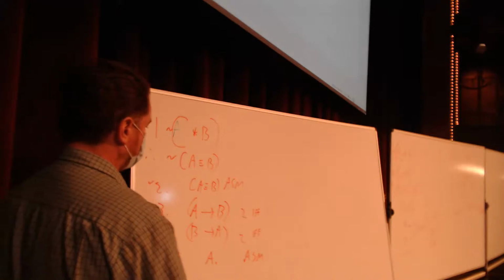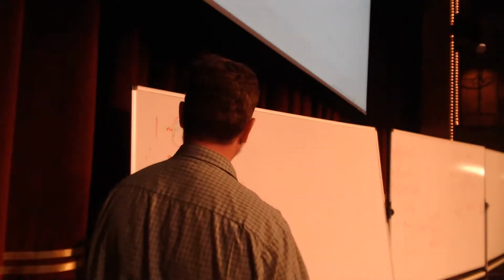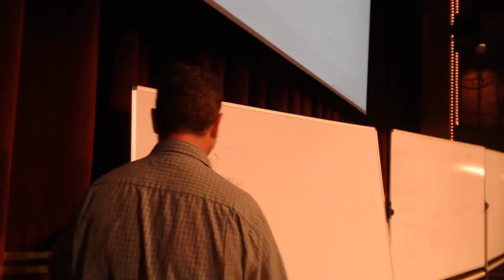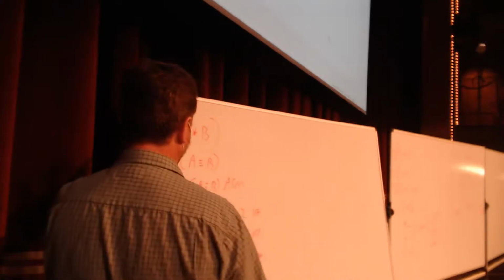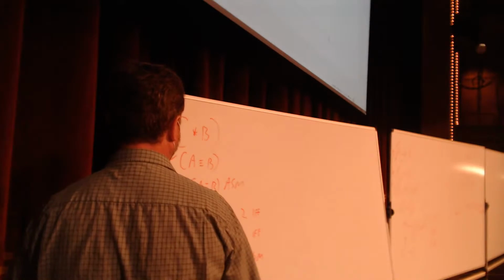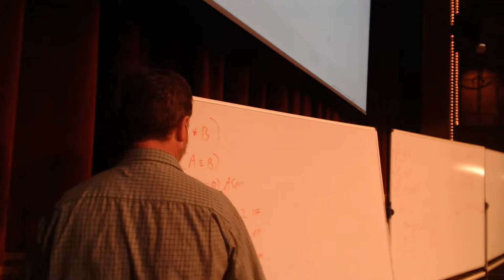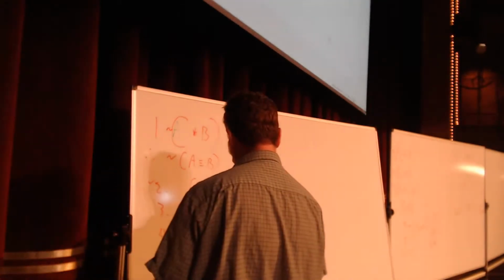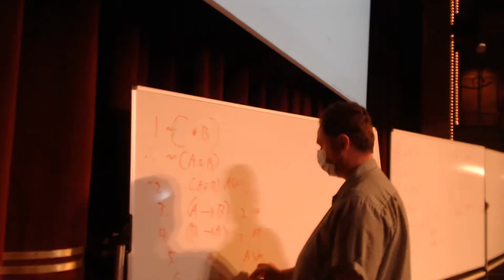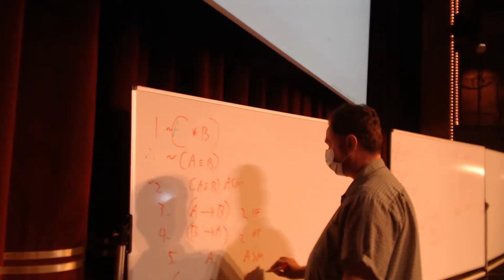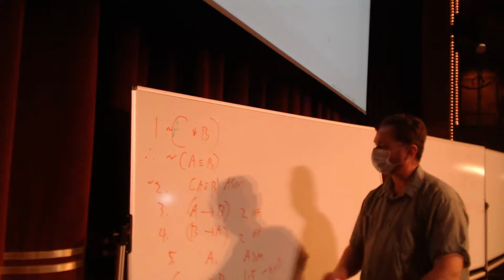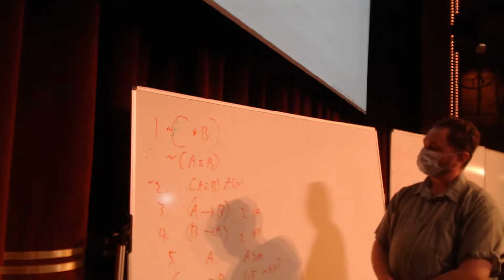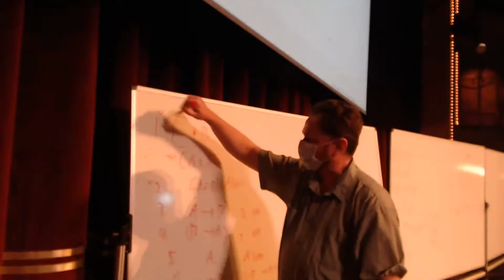Once I've got A, I can do an inference with line 1. A and not both A and B gets me not B with line 1. I put a little check mark next to that.